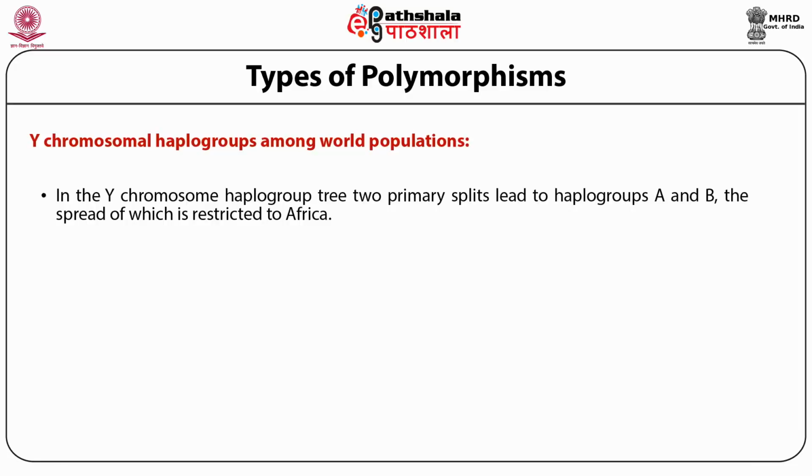In the Y chromosome haplogroup tree, two primary splits lead to haplogroups A and B, the spread of which is restricted to Africa. Remaining haplogroups form three subclusters that coalesce at the root of the M168 node, representing the majority of African varieties and non-African haplogroups.